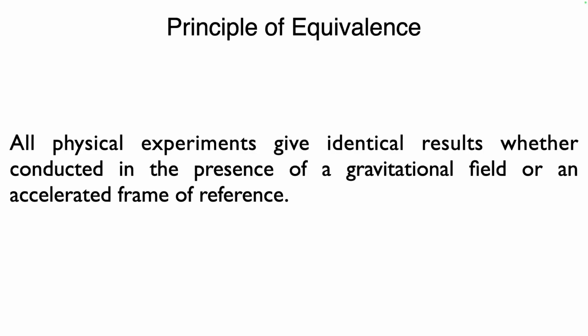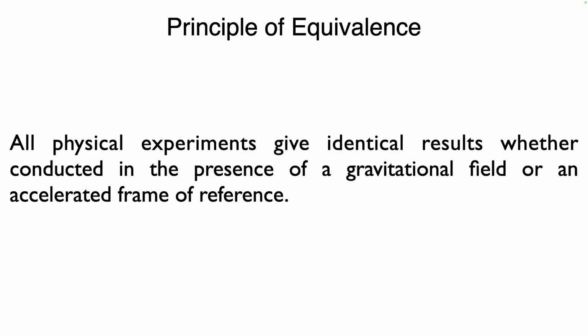What Einstein says is that there is no experiment that can be done that can tell the difference between gravity pulling this ball down versus this room accelerating straight upwards at 9.8 meters per second squared. That's stupid, Mr. Balogh.